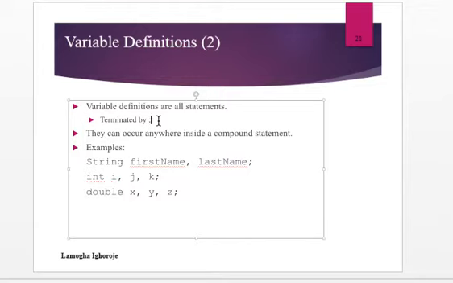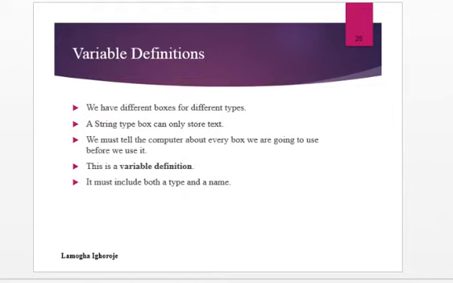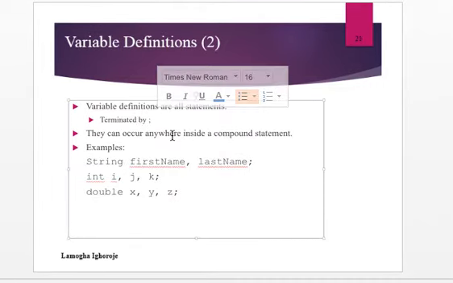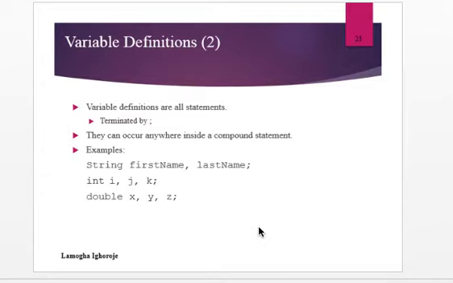It's telling the computer this is the box I want to create, this is the type of box I want to create, and this is the name I'm giving that box. So you're defining it. It's a statement. It needs to be terminated by a semicolon. Like I said, every statement is terminated by a semicolon in Java.